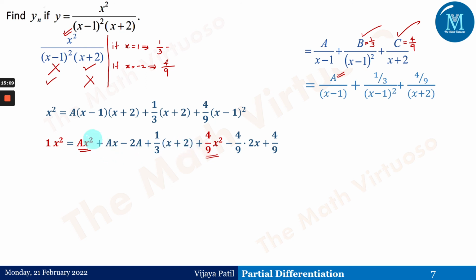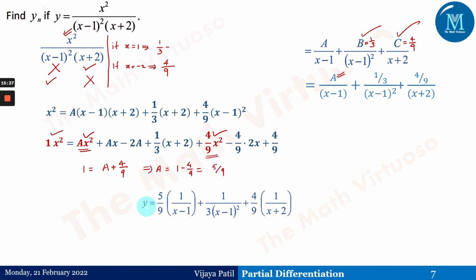So we are just trying to collect the coefficient of x squared, which I've highlighted with the red color. So we are going to get 1 equals a plus 4 by 9. That means this gives us the value of a equals 1 minus 4 by 9, which is equal to 5 by 9.